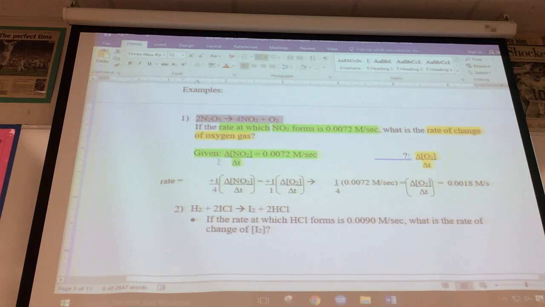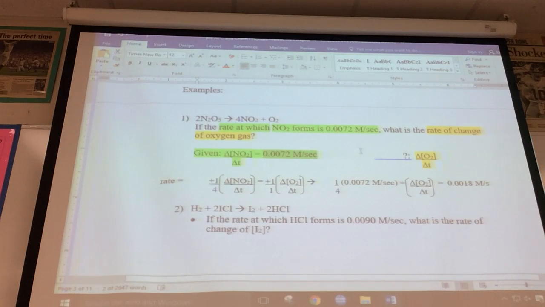What we're given is the rate at which nitrogen dioxide forms, and that's 0.0072 molar per second. We want to know the rate at which oxygen gas forms, so this is what we're looking for.